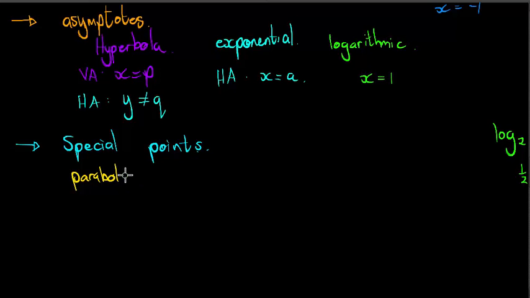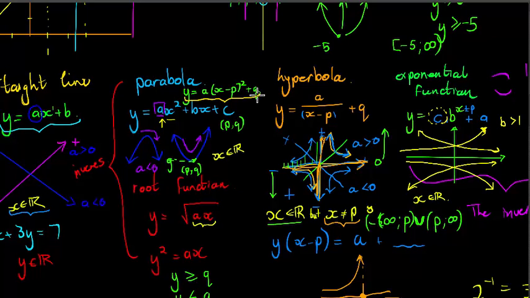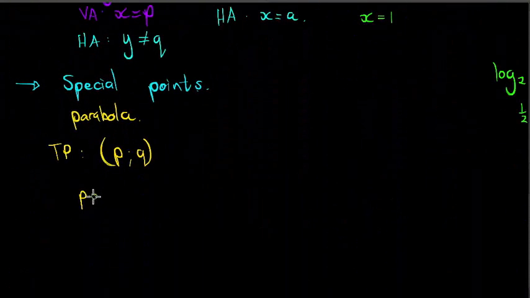Parabolas have a turning point, and that turning point we've already seen is the point P comma Q. Now if you have this format, that's very nice, because you can just get P and Q. If you have that format, you'll just need to use your formula, isn't it? P is equal to negative B over 2A. Okay, and then Q will be equal to your function, and you'll just substitute the P that you've calculated here, and then you'll get your Q value. Okay, so that's the special point for the parabola.